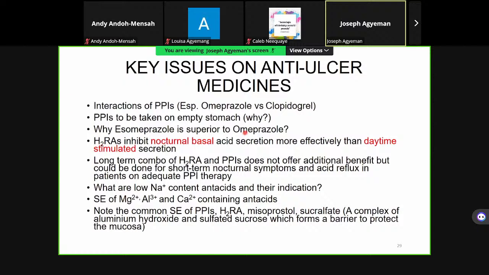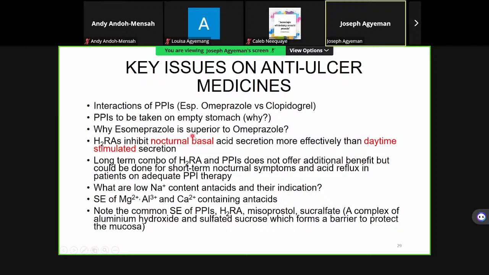Any question? So key issues to consider when somebody is taking some of these anti-ulcer medicines. You have to think about the interactions of PPIs, for example, omeprazole versus clopidogrel. So clopidogrel can block the 2C19 enzyme. So an interaction of that sort can happen. Take PPIs on an empty stomach, that is 30 minutes before meals; we've explained that.